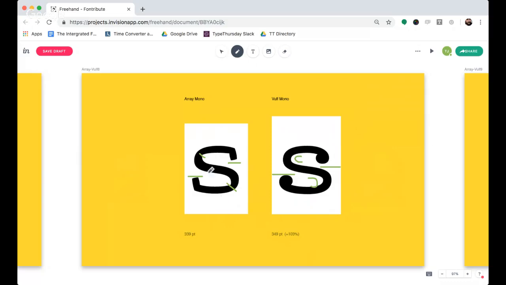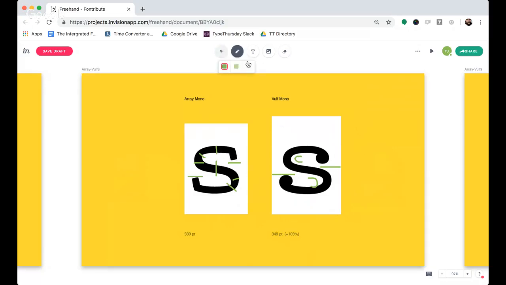There appears to be some higher emphasis of weight on the spine area in Array Mono. So if I measure that space, for example, let's contrast that to the top terminal, the top area and the bottom area of the S. We can see that those are less, those have been reduced, which makes sense because they need to compensate for the terminal at the end.